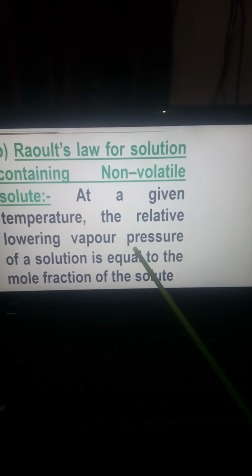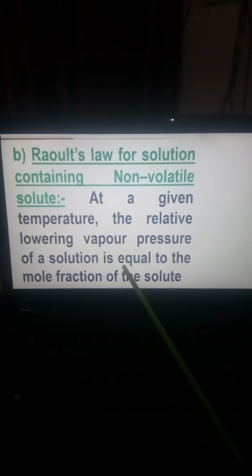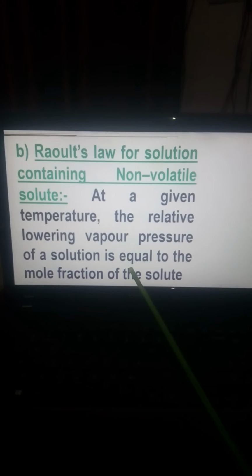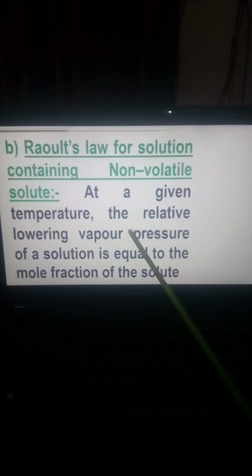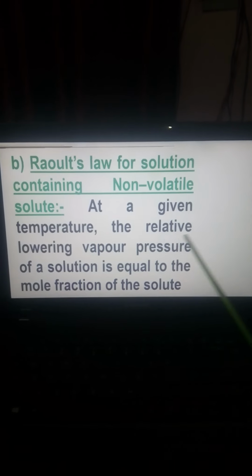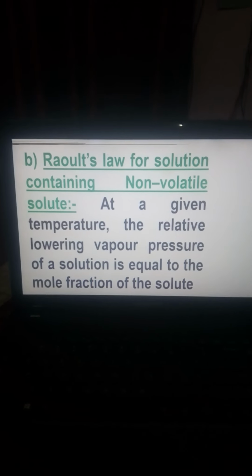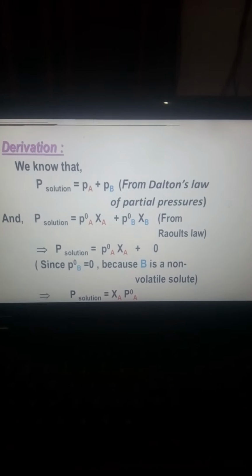If we divide that lowering of vapor pressure by the vapor pressure of the solvent in its pure state, that is called the relative lowering of vapor pressure, and it is equal to the mole fraction of the solute in the solution. That is the statement of Raoult's law in the second case, whenever there is a non-volatile solute in a solution. Now we will see the derivation, the mathematical statement.